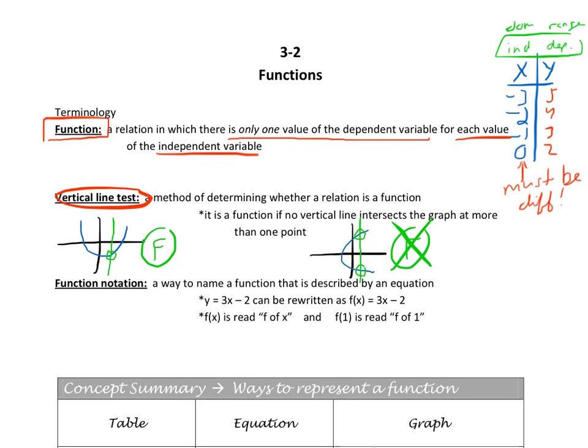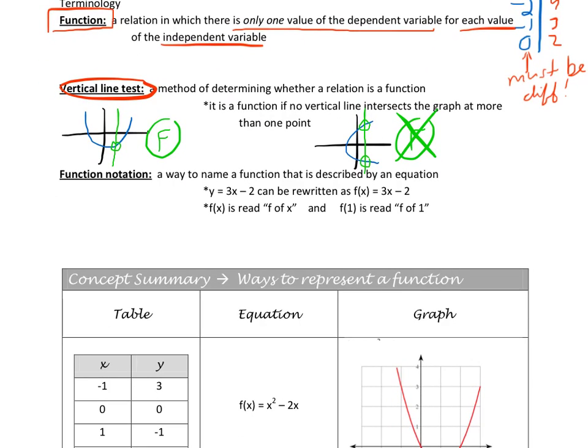There's also a perk to functional notation. So a function is just describing a relation as a function or not. A vertical line test is a way to apply the test on a graph to see if it's a function. But we also have what's called functional notation. And the notation is a little bit different.